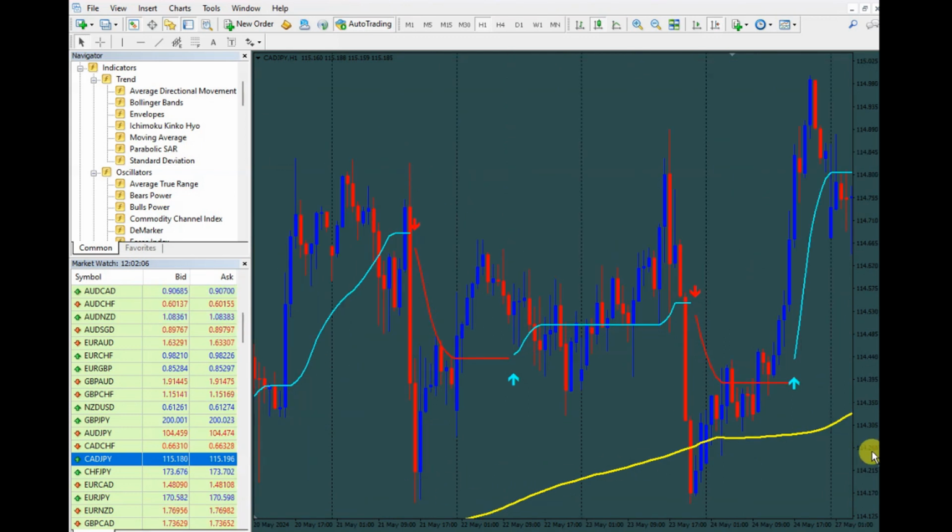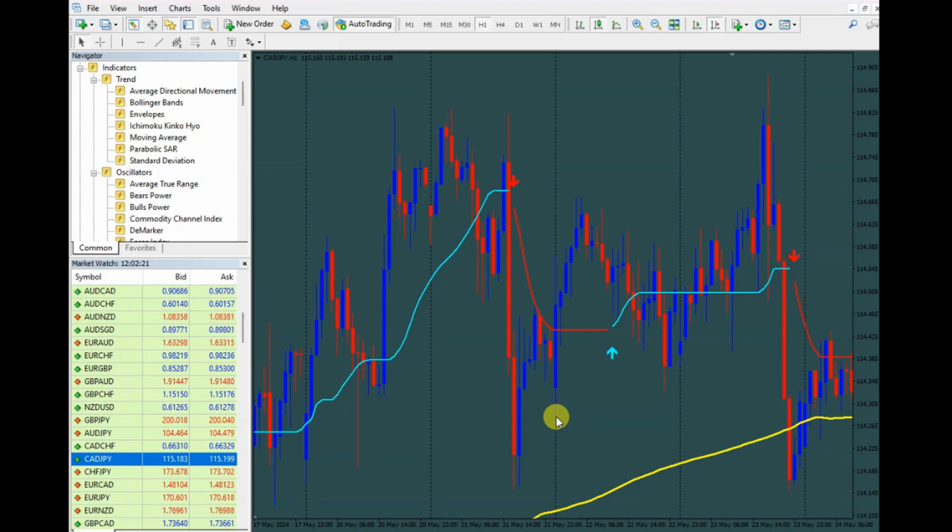Because as per the trading rule, as the price is moving in our direction, we'll be moving our stop loss to the swing low. So here, this is the first swing low. Here is the second swing low. As price was moving, here was the third swing low.